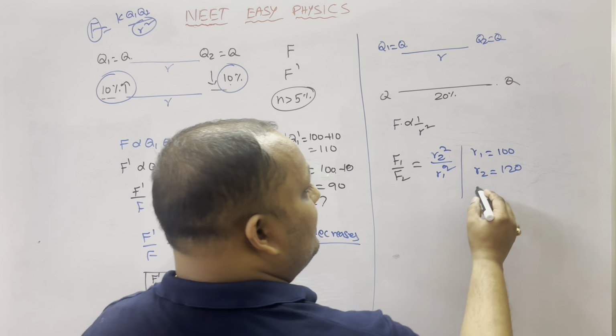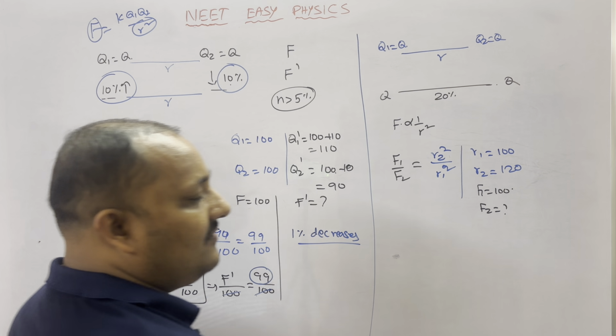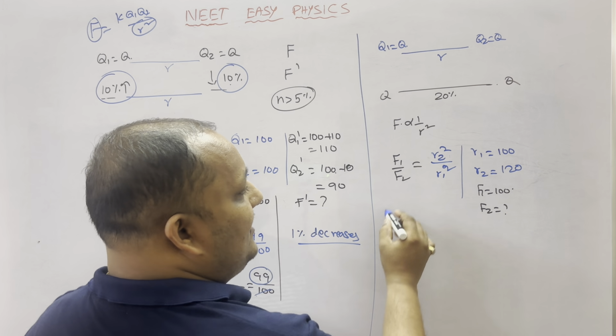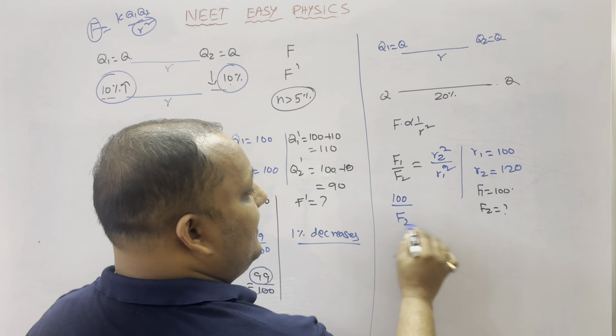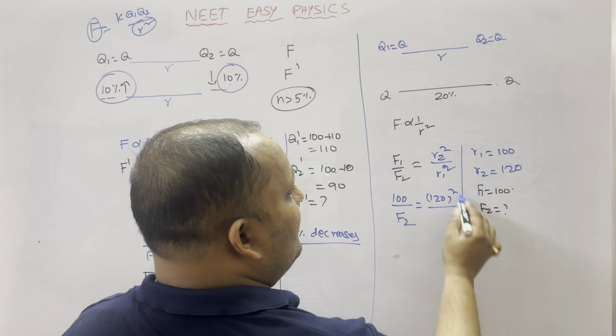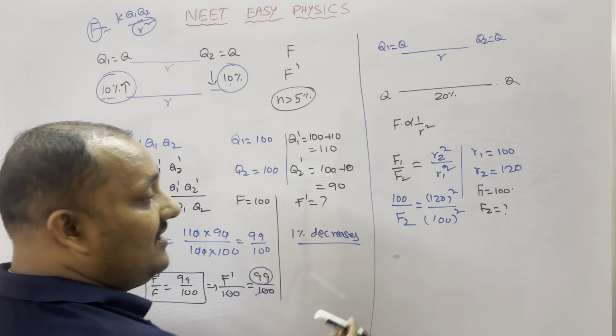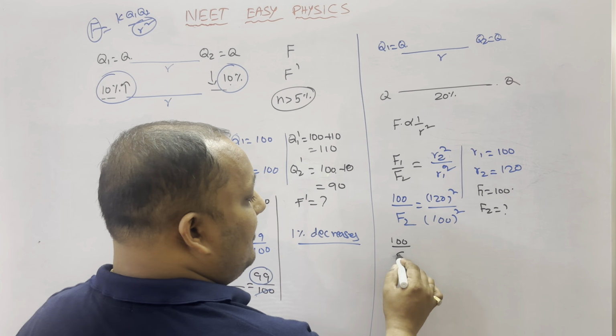So initial force F1 is going to be 100. We want the final force F2. Now F1, which is 100, is divided by F2 equals R2, which is 120 whole square, by R1, which is 100 square. So this calculation is going to be very, very important.